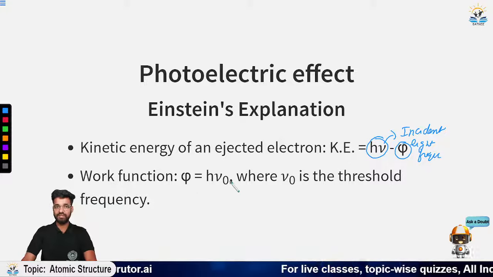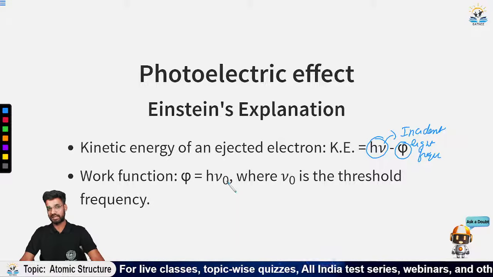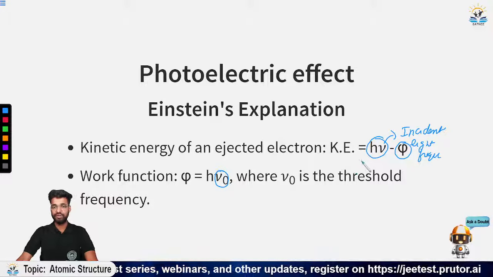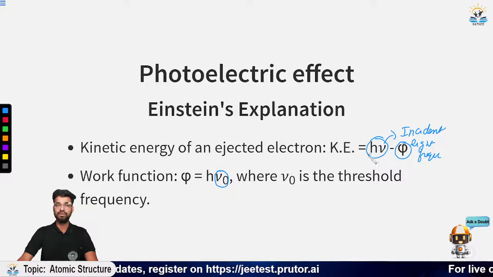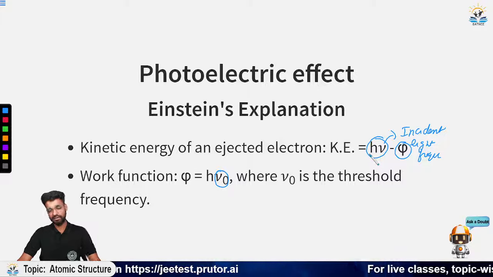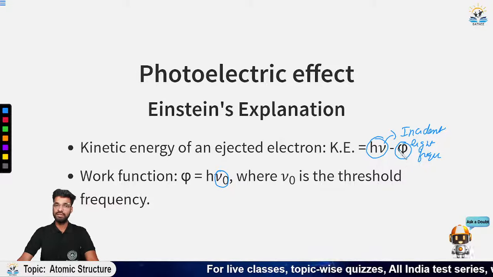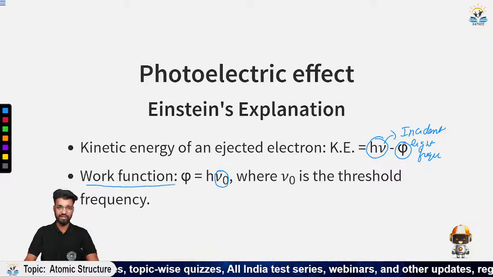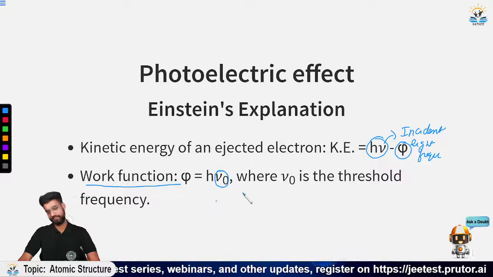The work function is the minimum energy required to pull out the electron, and it is given by h nu naught, where nu naught is the threshold frequency. So to calculate the kinetic energy, you simply subtract the threshold energy, or work function, from the energy of the photon we are supplying. And the work function is calculated as h nu naught, where nu naught is the threshold frequency.